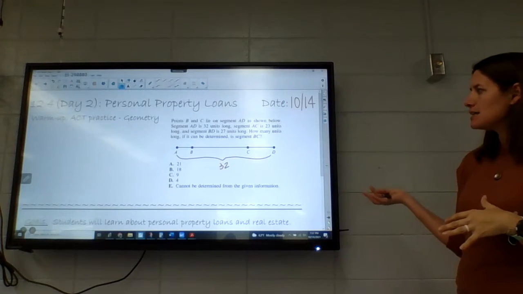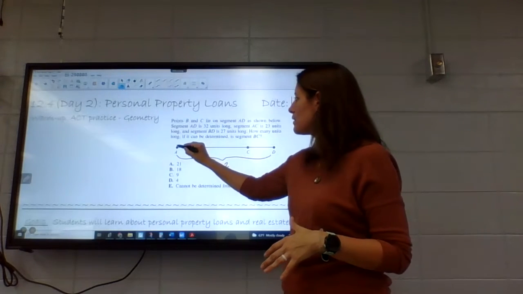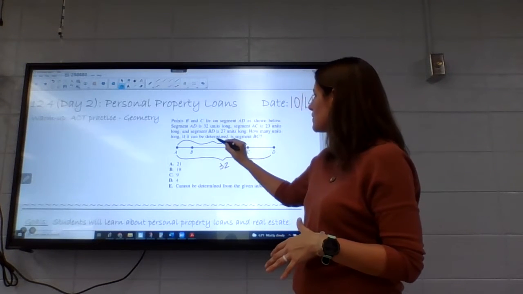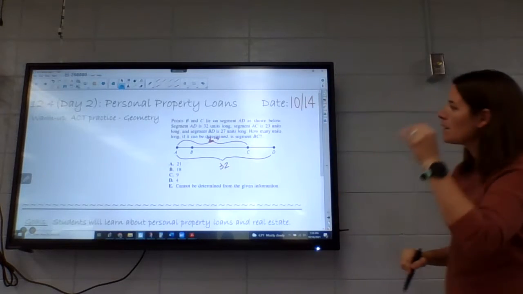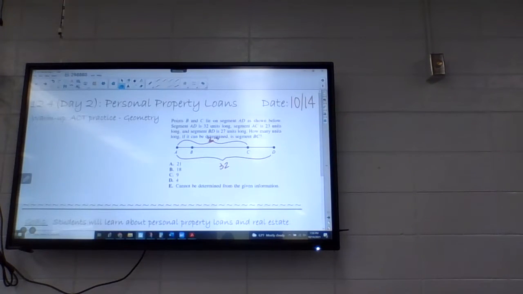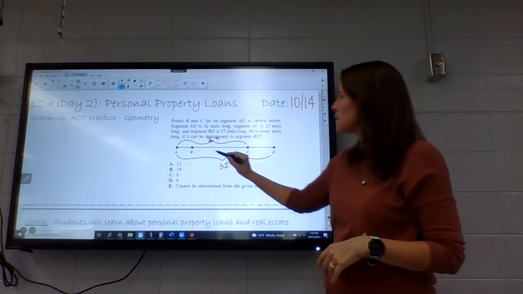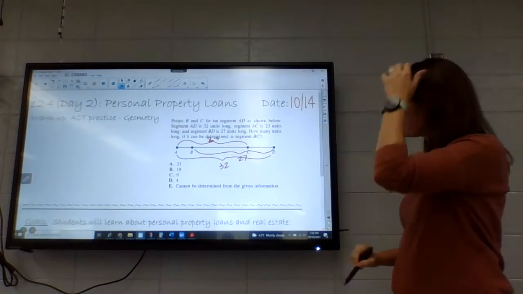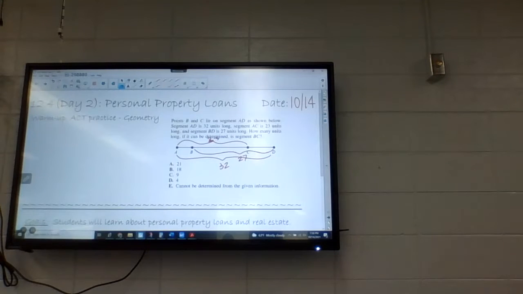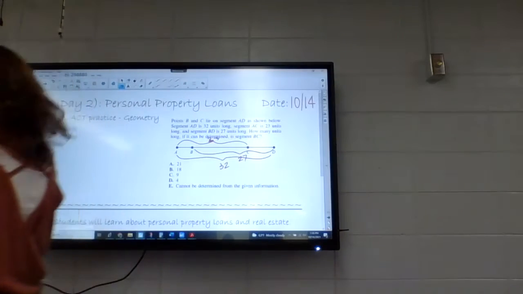The segment AC is 23 long, so that's this. BD is 27 long. Can we determine how long BC is?